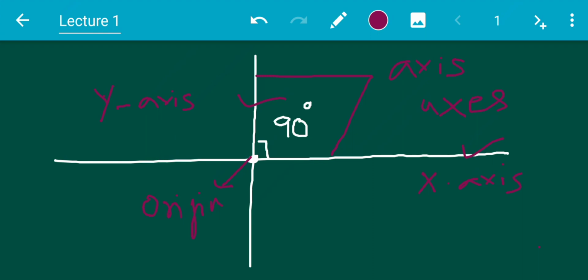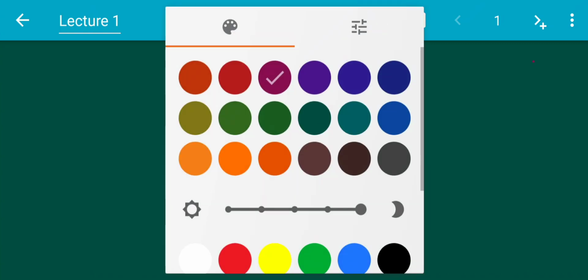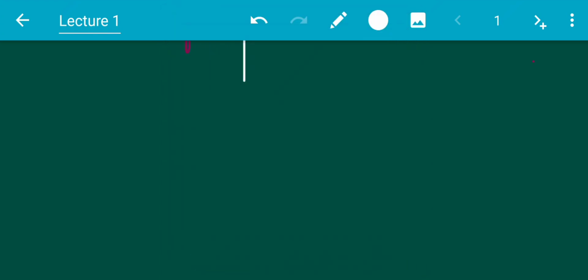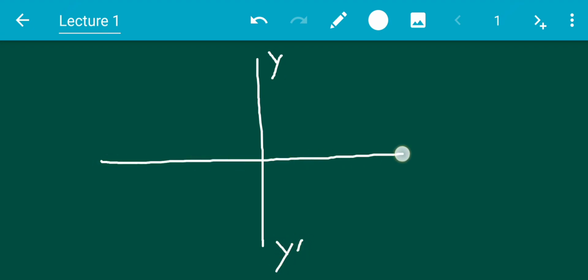Okay, for simplicity of our expression, we take this line as y dash, x dash, and this is O. So we usually say, what are the coordinate axes?